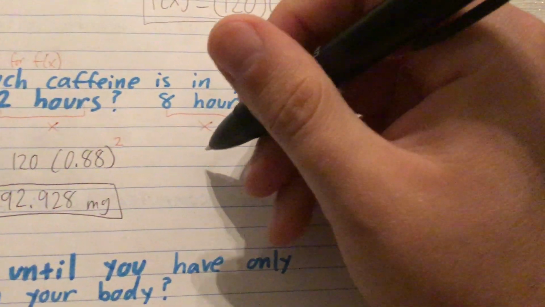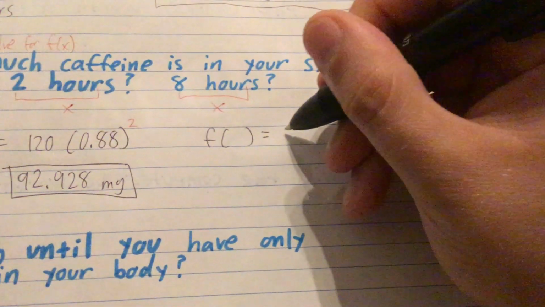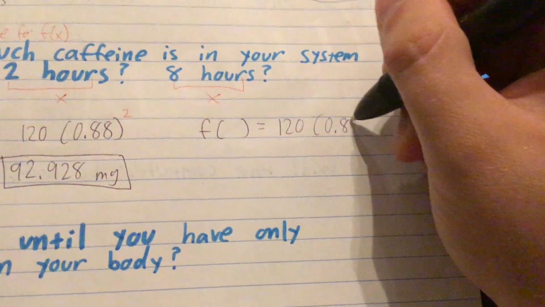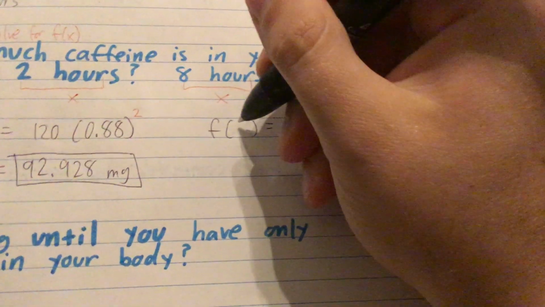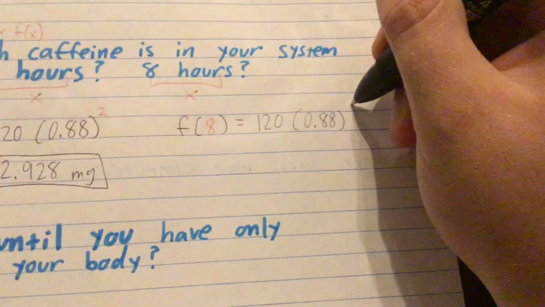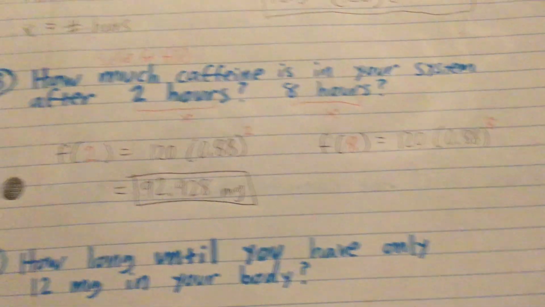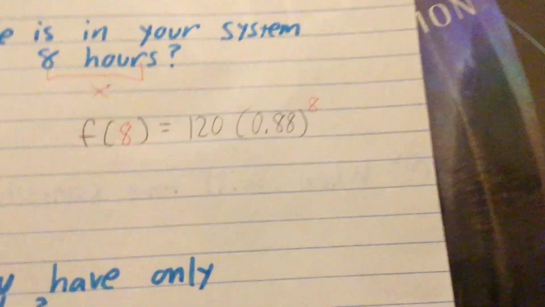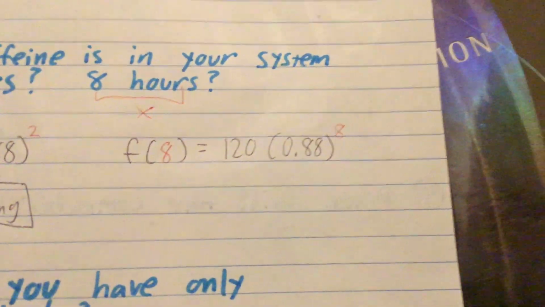Now, after 8 hours, all I need to do is plug in x equals 8 into our exponential function. So 120 times 0.88 to the x power, where x is equal to 8. So I picked 8 hours. The book said 2 hours, but I like 8 hours because an 8-hour shift is typically your workday. So let's say you only have 120 milligrams of caffeine, and that's supposed to last you 8 hours. How much caffeine is left in your system?